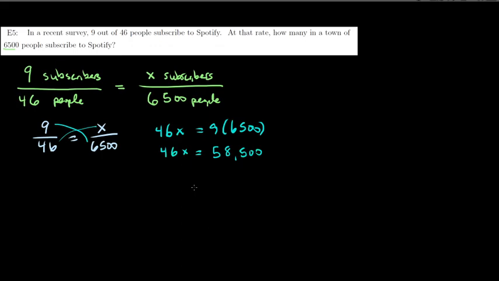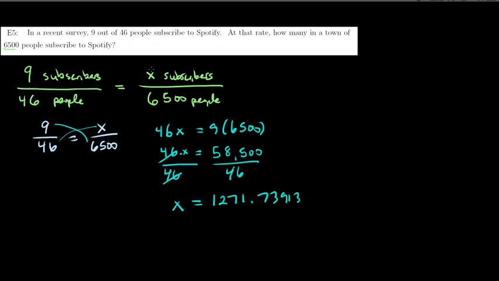So now we divide both sides by 46. The opposite of multiplying by 46 is dividing, right? So divide both sides by 46. So X equals 58,500 divided by 46. Now when I plug that into my calculator, it says 1,271.73913 and so on. Well, think about what we're doing here.